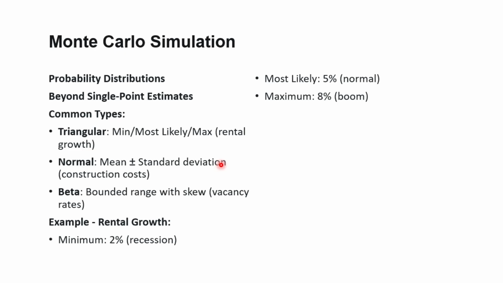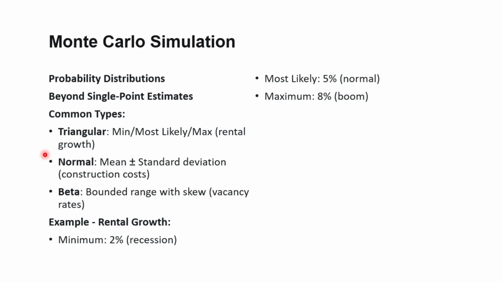Now we advance to this particular concept. The most sophisticated risk analysis technique, instead of testing discrete scenarios, Monte Carlo uses probability distribution to model uncertainty. So probability distribution reflects the reality that variables don't take single values, they have a range of possible outcomes with different probabilities.